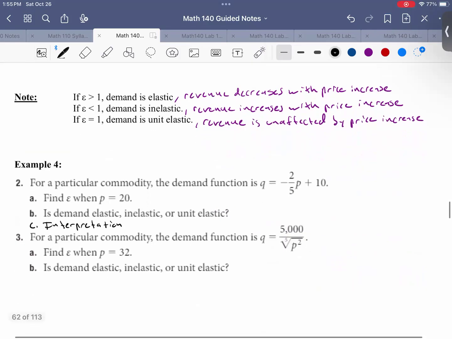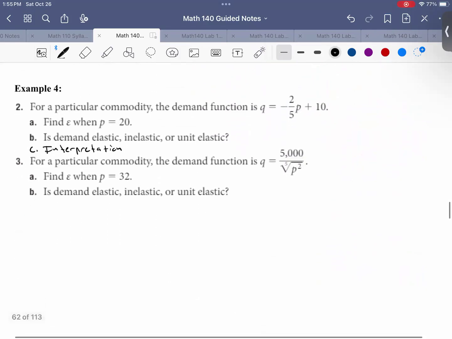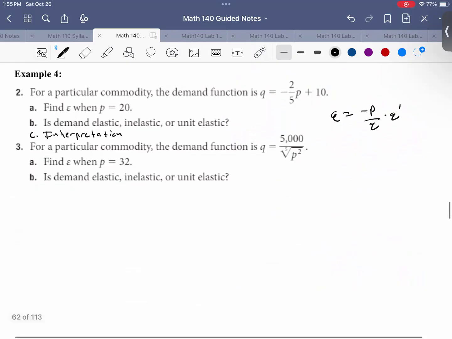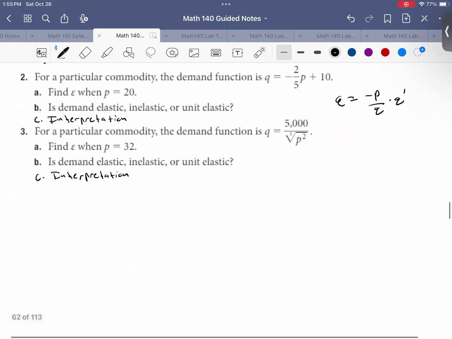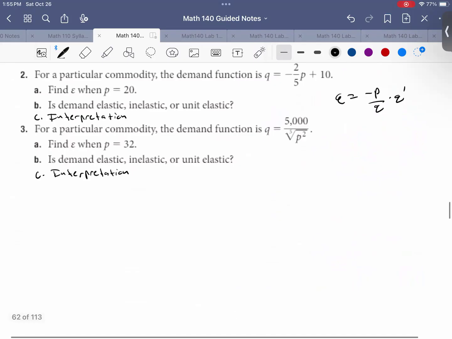So remember that rewriting, it's negative p over q times q prime. Let's go ahead and check out letter 2A and see exactly how to find the point elasticity when P equals 20.